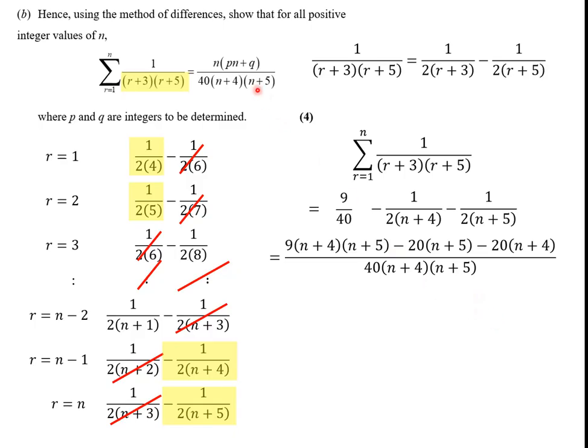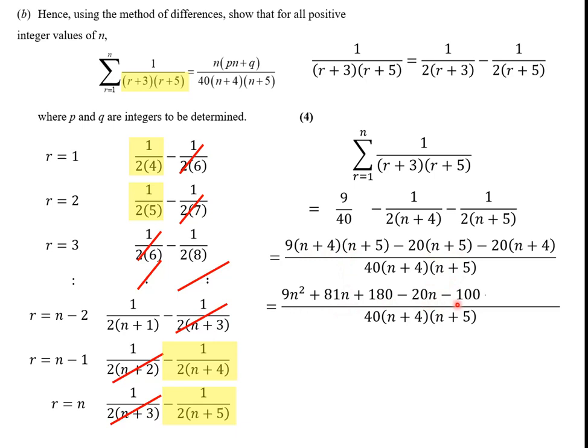There's my fraction. I'm just going to sort of simplify it down to this form. Hopefully the constants will go, because there's no constant term at the top. I've really got pn squared and q times n, but no number at the end. When I multiply the brackets out and multiply by 9, I get this. This one gives me this.